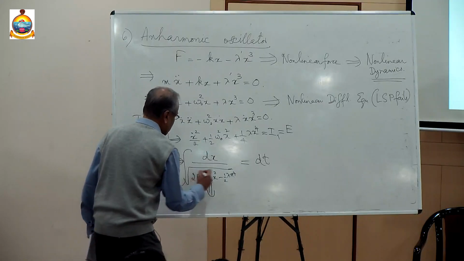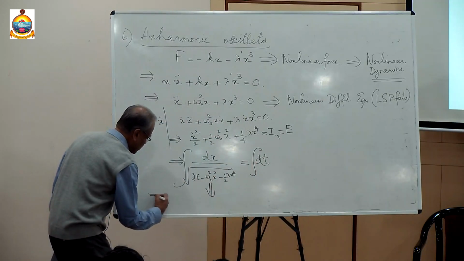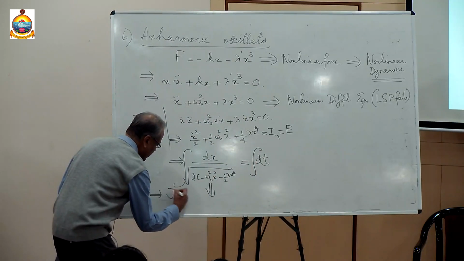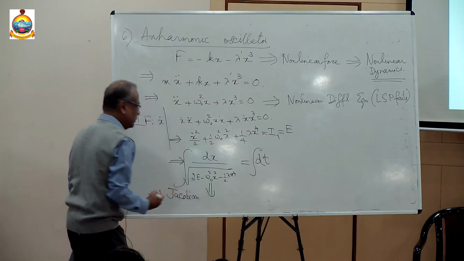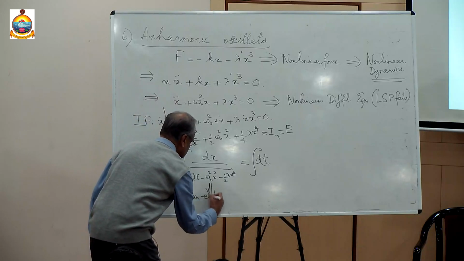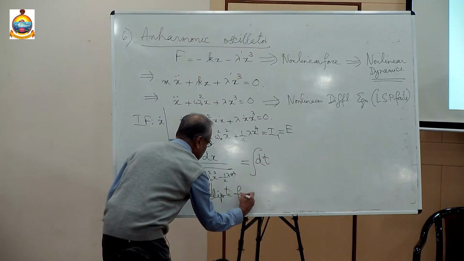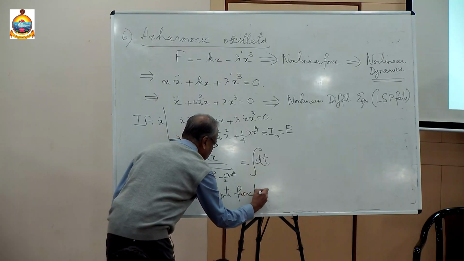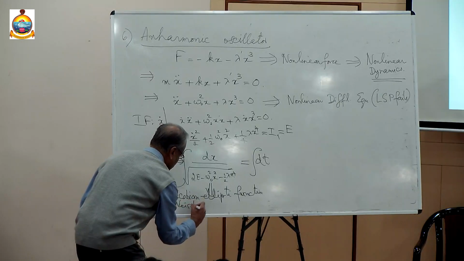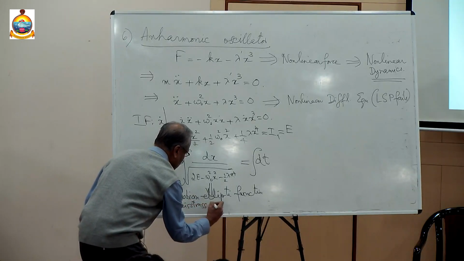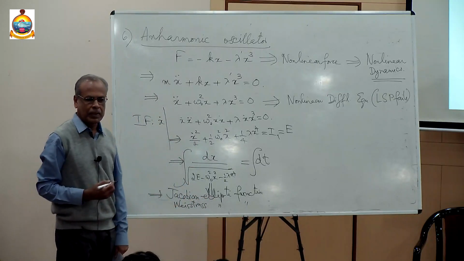So you will have essentially an integral over this, and the resultant solution you can express in terms of Jacobian elliptic functions, or Weierstrass elliptic function, or Riemannian theta function. Okay.